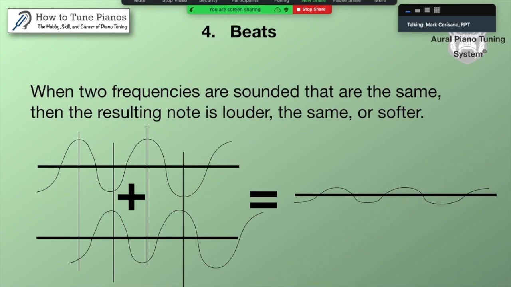And this is an argument for why unisons need to be carefully tuned pure. You can't just say tune in unison as pure as you can make it, because sometimes the two frequencies of the strings are exactly the same, but off a little bit. We say out of phase, and the result is a very quiet note.